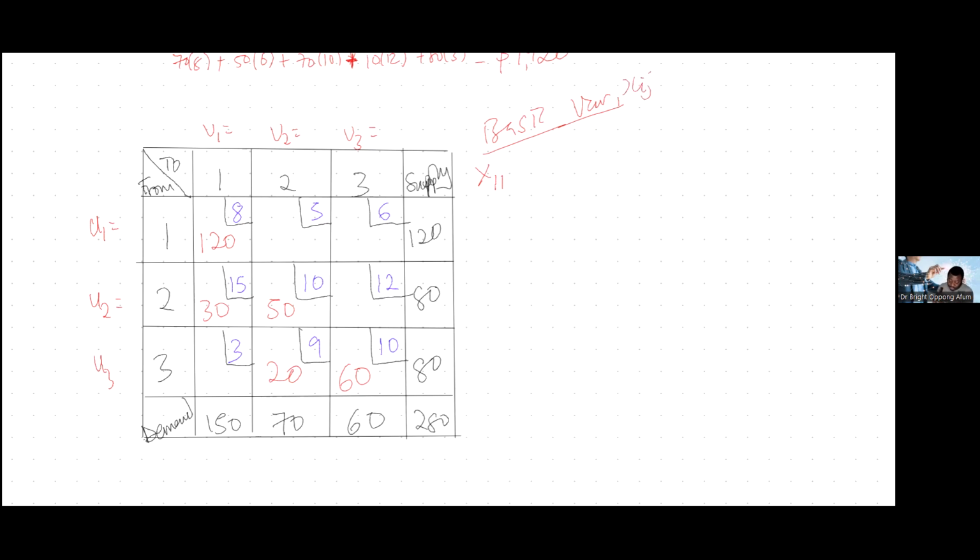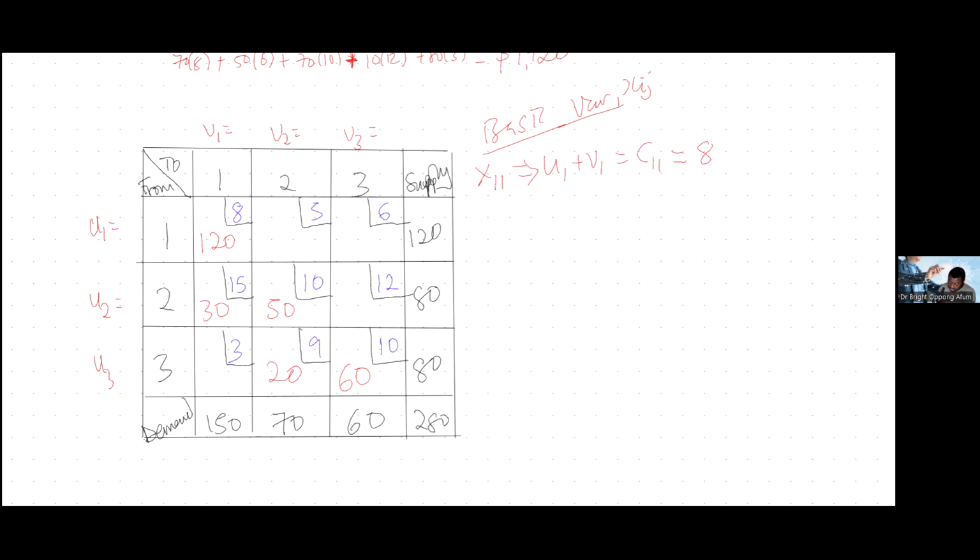For X11, that means it's made up of U1 plus V1, which will be equal to C11, that's the cost of transporting from source one to destination one. C11 is actually 8. So we actually don't know the values at this stage, so we create the next one.